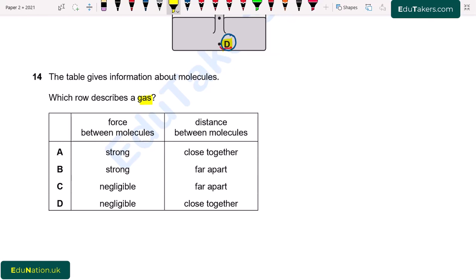So option A, force is strong and distance is close together. It is incorrect because the molecules are further apart. Option B, strong and far apart. The forces are not strong, that's why B is also incorrect. C, negligible forces and far apart. So this is correct. So the correct answer here is C.